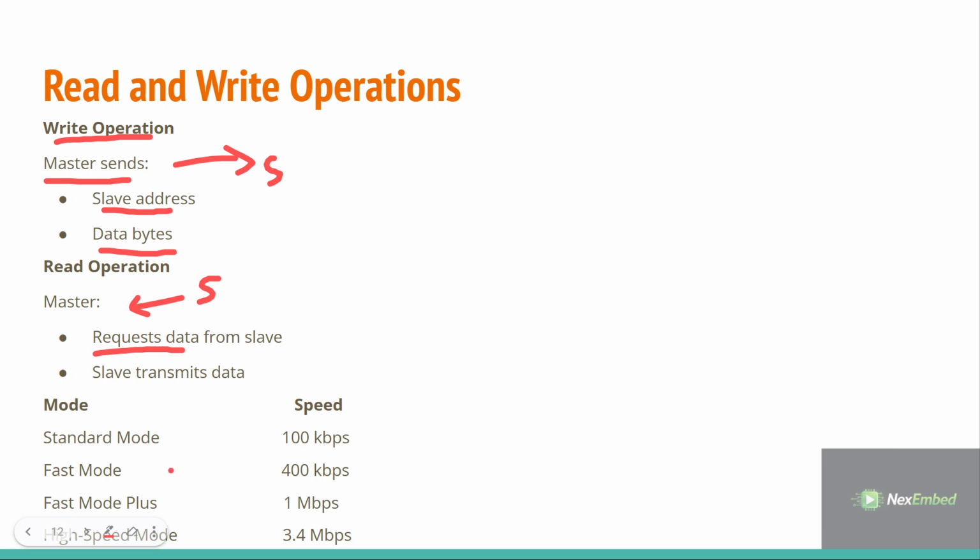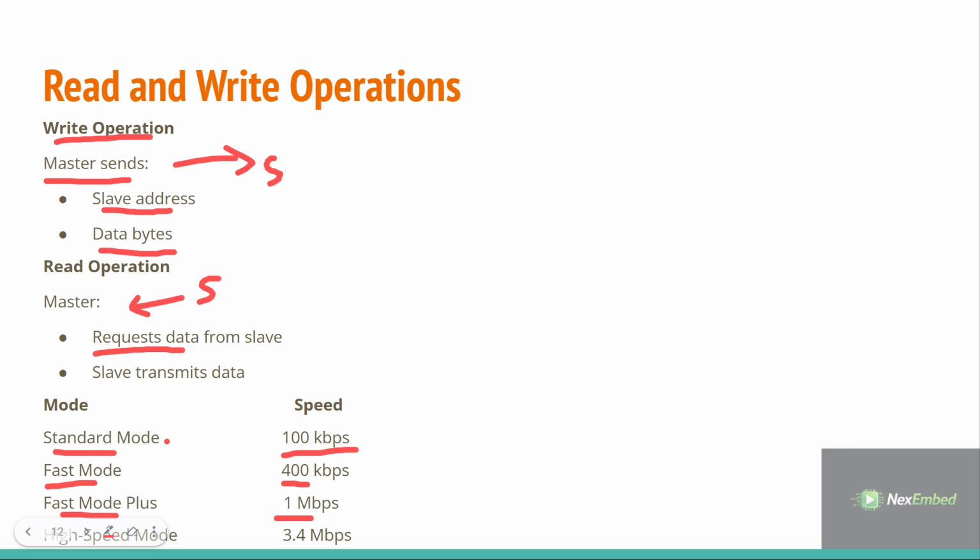The slave will transmit the data, and we have four modes of operation possible in I2C depending upon the speed: standard mode, fast mode, fast mode plus, and high speed mode. Standard mode means the speed is 100 kilobits per second, fast mode means 400 kilobits per second, fast mode plus means 1 megabit per second, and high speed means 3.4 megabits per second.